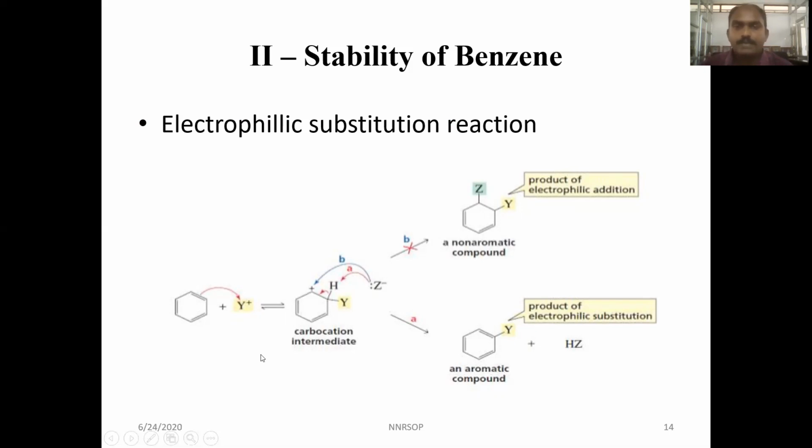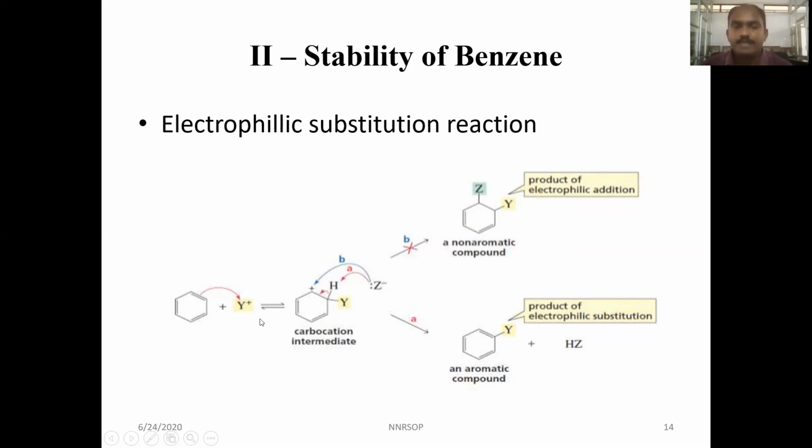So here, what happens is a carbonium ion is formed as an intermediate. To nullify this carbonium ion, a hydrogen atom leaves the substrate and the pair of electrons forms a double bond here to retain the complete conjugated system, giving a substitution reaction rather than an addition reaction.